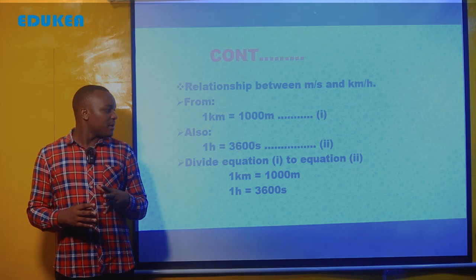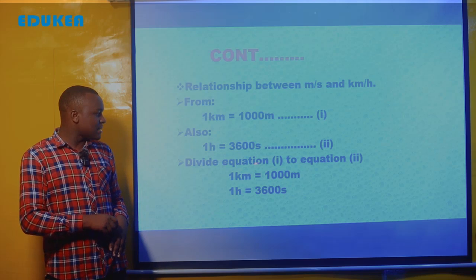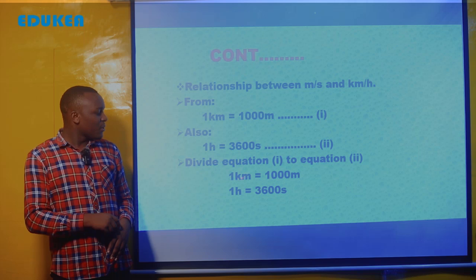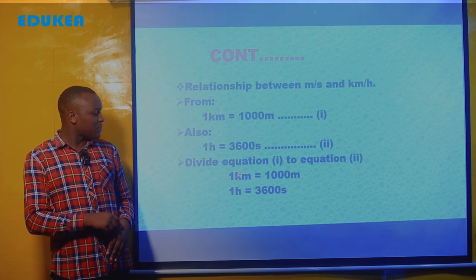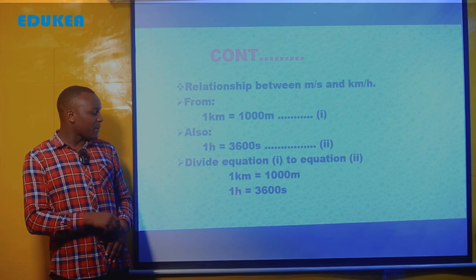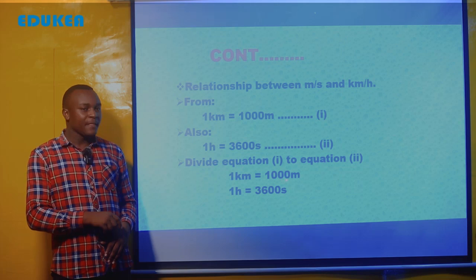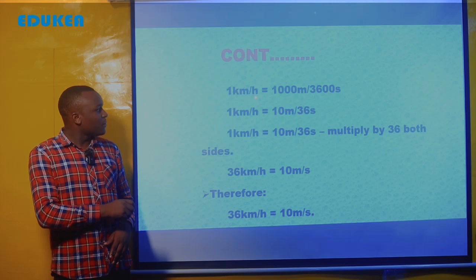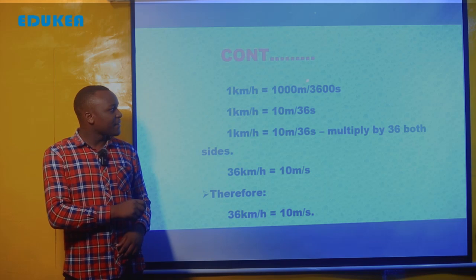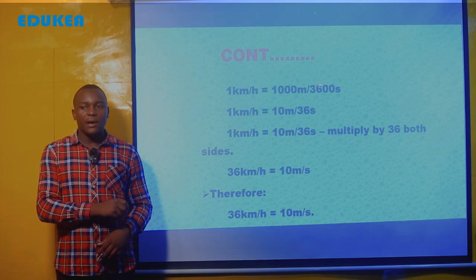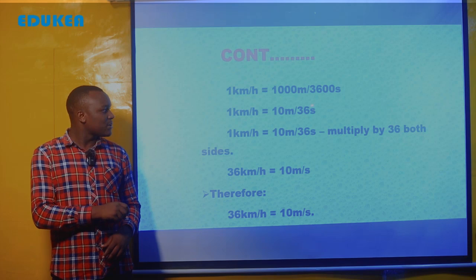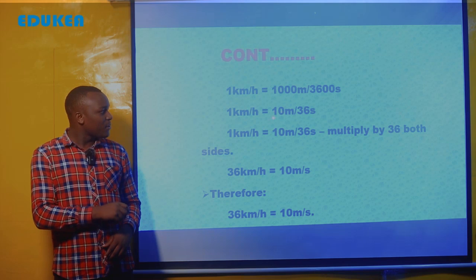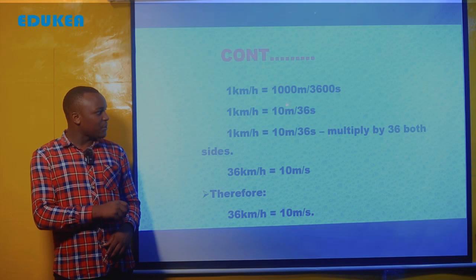Then divide equation 1 by equation 2. Kwamba ukichukua equation 1 ukagawanya kwa equation 2 utakuta ni 1 kilomita ukigawanya kwa 1 hour sawa sawa na 1000 mita ukigawanya kwa 3600 second. So 1 kilometer per hour ni sawa sawa na 10 mita gawanya kwa 36, maana ukipunguza sifuri.